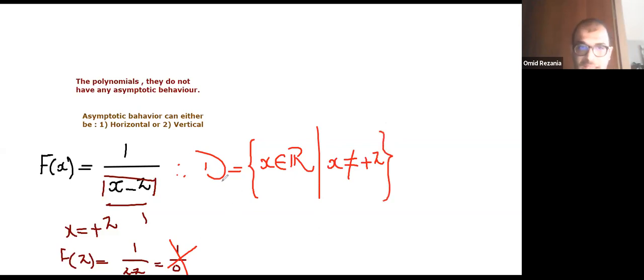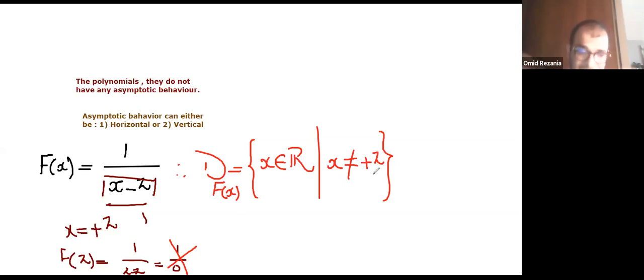It means the domain is the set of all numbers in the real numbers, except that x cannot be equal to 2. That's why I have those curly brackets, because it is a set.